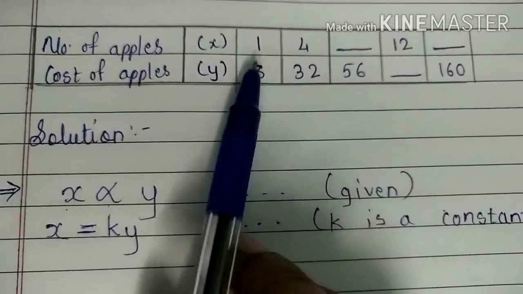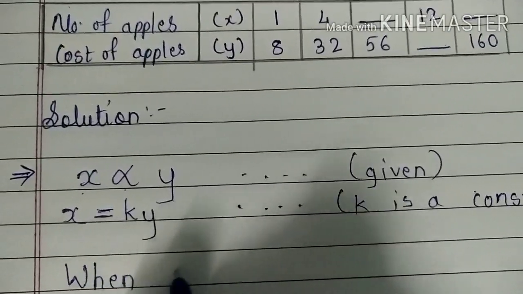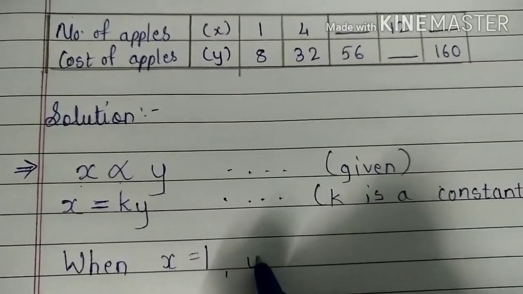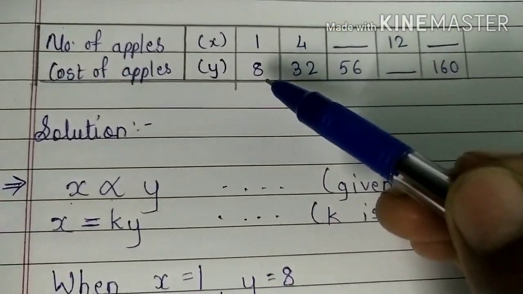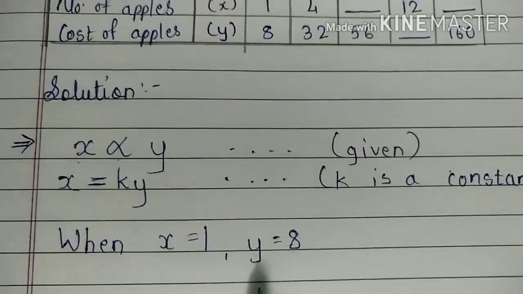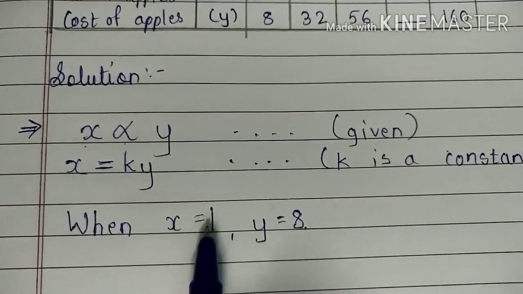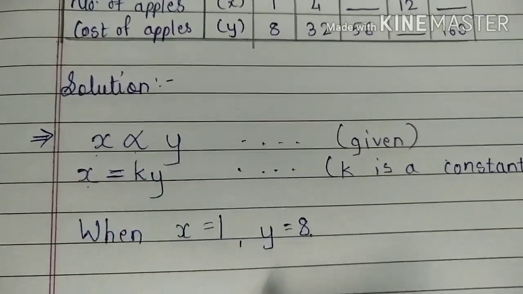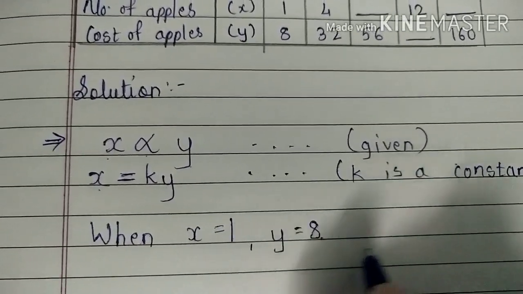Now we'll go according to the table. So I will write when x is equal to 1 and y is equal to 8. So when x is equal to 1 and y is equal to 8, these two I am going to substitute here in my equation. Okay, so I'll write the equation once again.